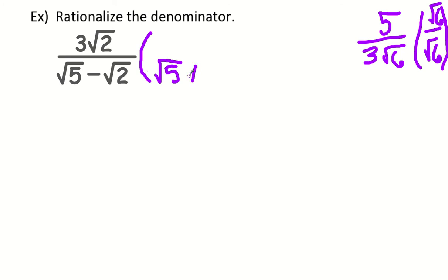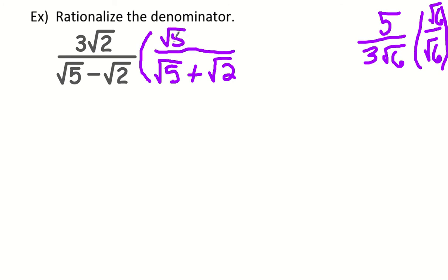What you have to do is multiply by the conjugate, and the conjugate of root 5 minus root 2 is basically root 5 plus root 2. That is what's going to get the job done.